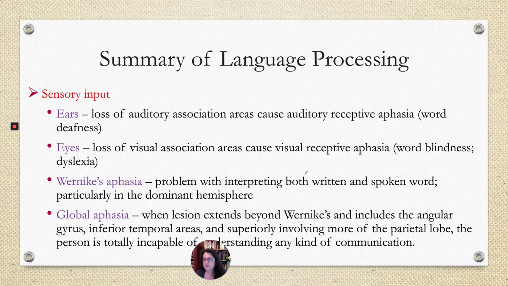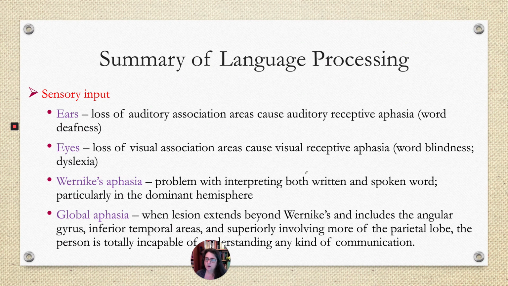Language processing, we already mentioned, requires sensory input from the ears, eyes, etc. So if you have a loss of your auditory association areas, that can cause what's called an auditory receptive aphasia or word deafness. So the ears are still there, the ears still hear, but if you don't have the appropriate auditory association areas to help interpret what that means, then you have auditory receptive aphasia or word deafness.